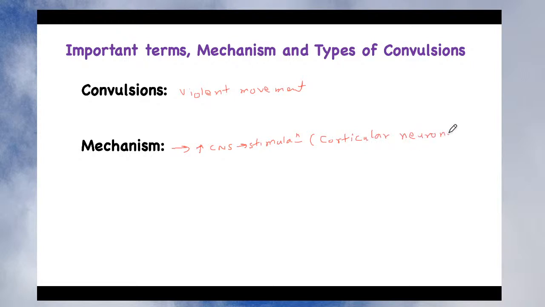In this portion there is excessive CNS stimulation, also called hypersynchronous discharge of a population of cortical neurons. So either there is excessive stimulation of the central nervous system, or you characterize this condition at the molecular level as, I am writing here, hypersynchronous. Please excuse my writing.